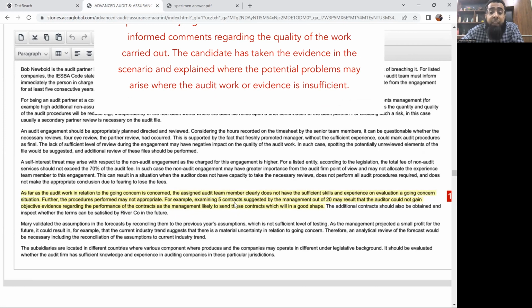For example, examining 5 contracts suggested by management out of 20 may result in the auditor not gaining objective evidence regarding the performance of the contracts, as management is likely to send those contracts which will be in good shape. Additional contracts should be obtained and inspected to see whether the terms can be satisfied by the reverse company in future.